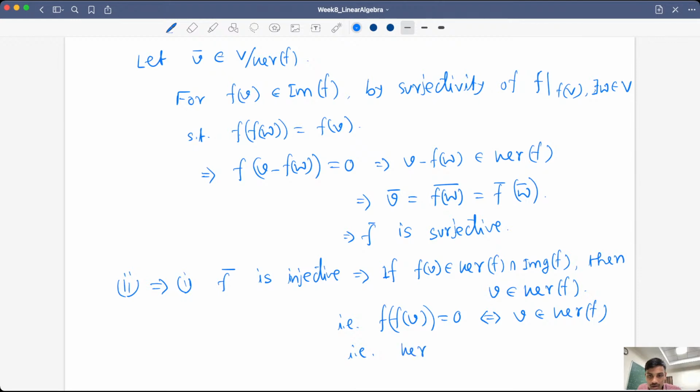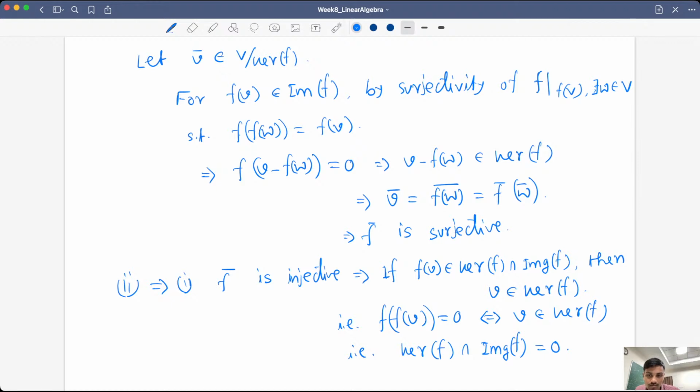And what that exactly means is that if I take the kernel of f intersection with the image of f, that is 0, because if I take anything from here, then f(v) will be 0.